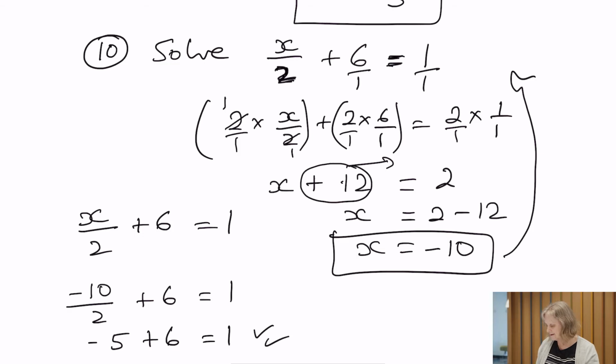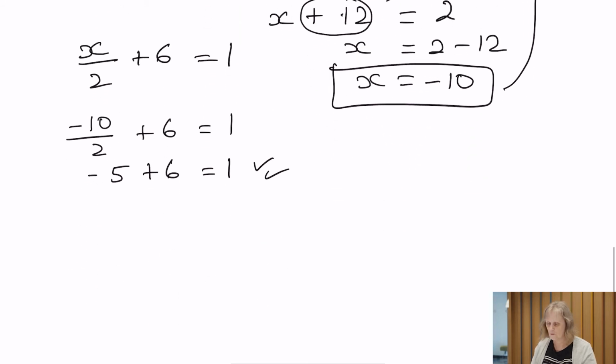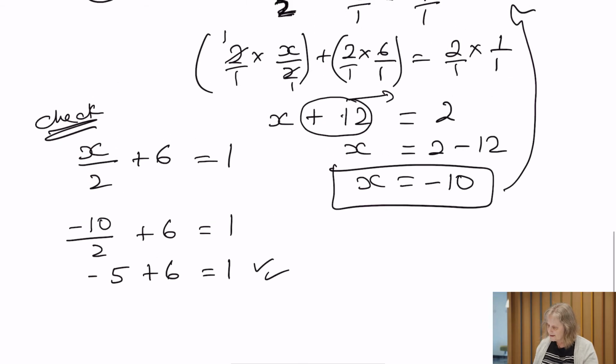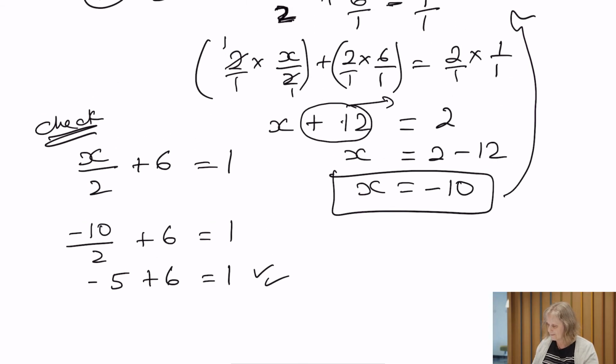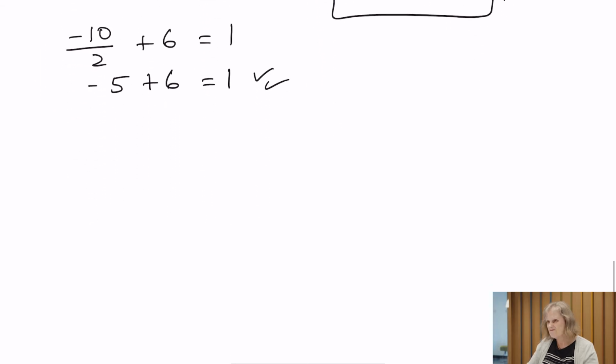Yes, that balances. Negative 5 plus 6 is going to give us positive 1, and it balances to the right-hand side of 1 there. So always do that check. You might not get extra marks for that, but you can check that you've got the correct solution there, and it works. So that's one way of doing that particular question, okay?